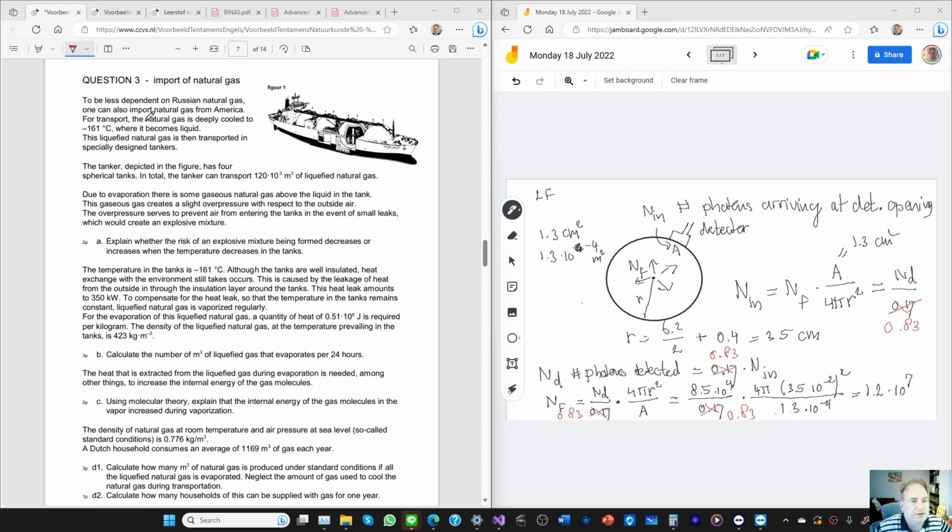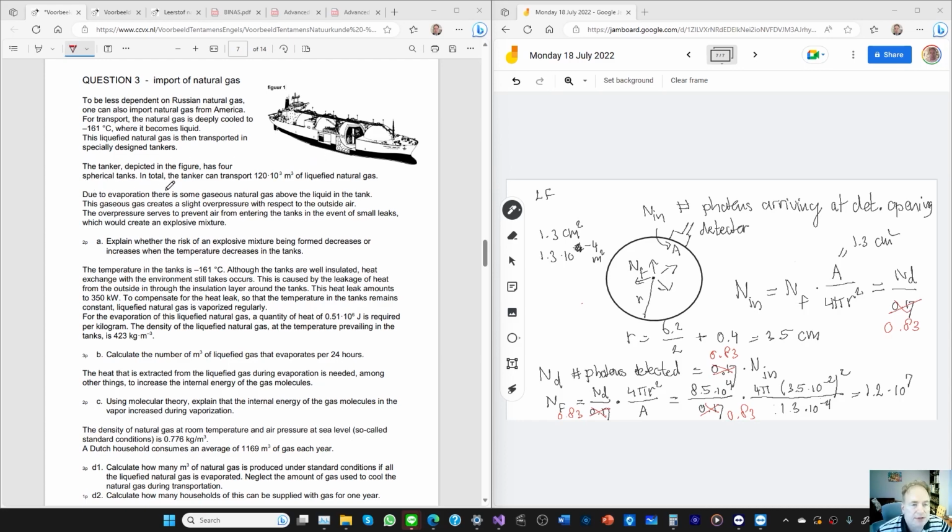Natural gas. To be less dependent on Russian natural gas, one can import natural gas from America. For transport, natural gas is deeply cooled to minus this, where it becomes a liquid. And then this liquefied natural gas is transported by tankers. The tanker has 4 circle tanks. In total, the tanker can transport this amount of liquefied gas.